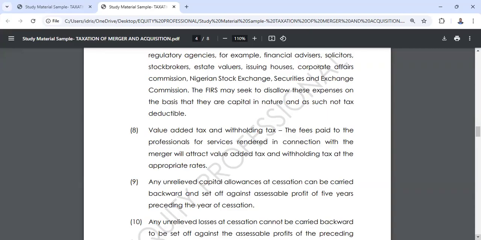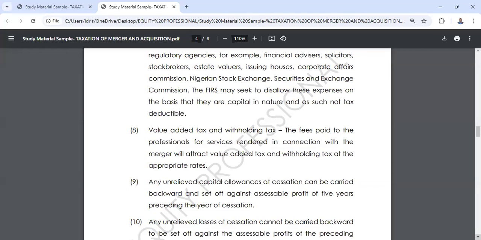Only unrelieved capital allowance, sorry, not losses. Unrelieved capital allowance during cessation can be carried backward for a maximum of 5 years. But the unrelieved losses at the time of cessation will be regarded as terminal loss. That loss is a final loss. You cannot carry it backward.